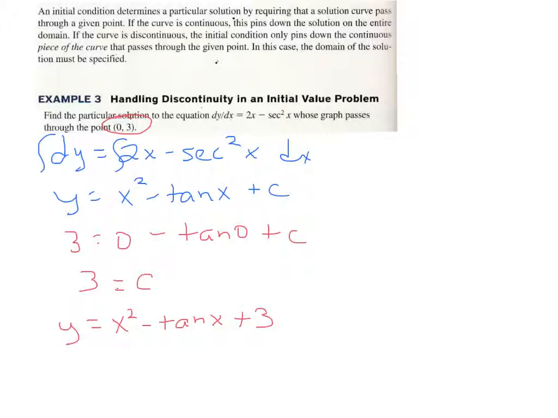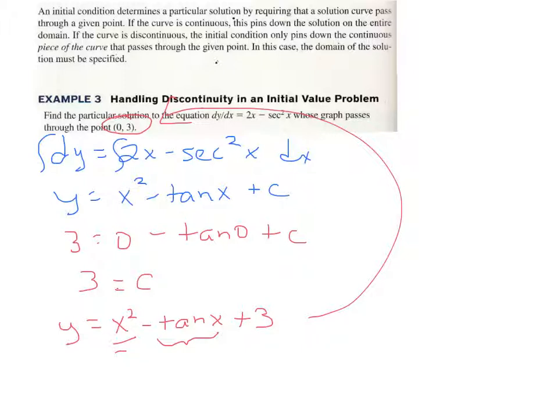So this looks complicated. It's not. We know that x squared is continuous everywhere. We know that tan x is continuous, but then it has those discontinuities at the pi over 2's, 3 pi over 2, negative pi over 2. And since x is 0 in our initial value, then we have to narrow down that segment.